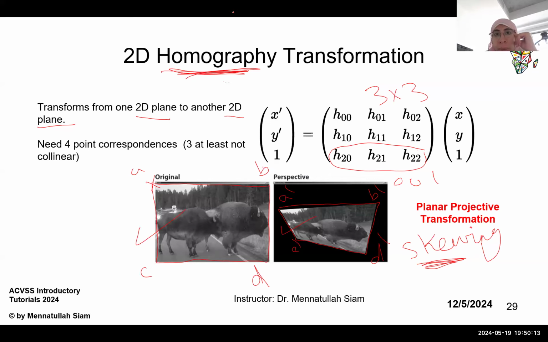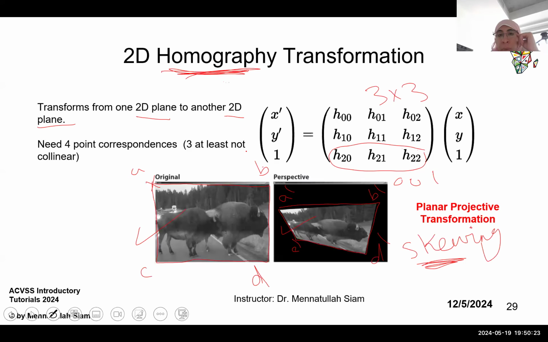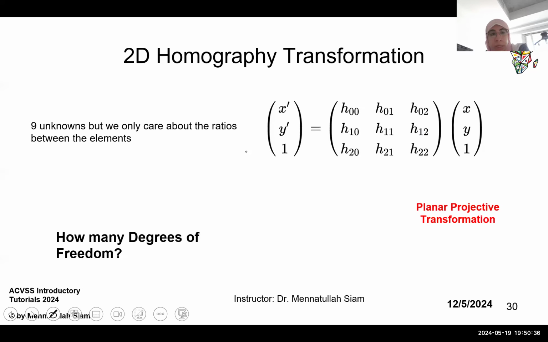Okay, let me know, does it make sense? What is the homography and how it differs from a simple affine? So a simple affine, this is 0, 0, 1. In a homography, it goes a bit beyond. Any questions about that? If not, I'll just then simply proceed.